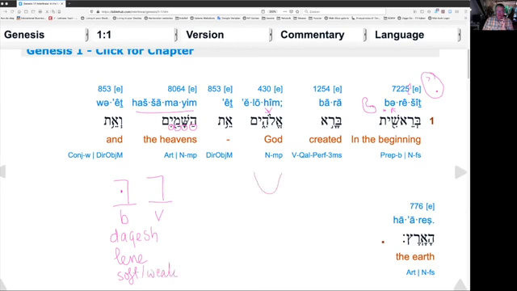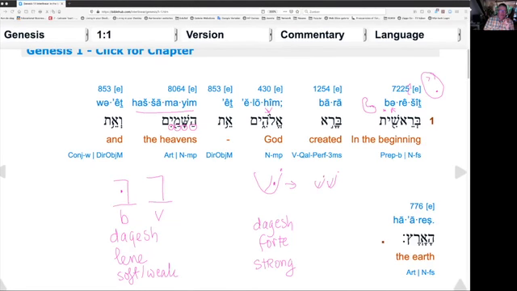In the shin, you see a dot over here, and that is a dagesh forte. It's a strong dagesh because it doesn't change the pronunciation of the vowel, it makes it double. So actually, it says shin, shin.